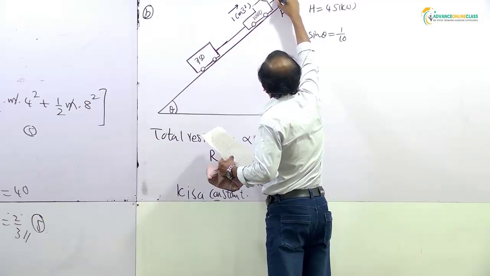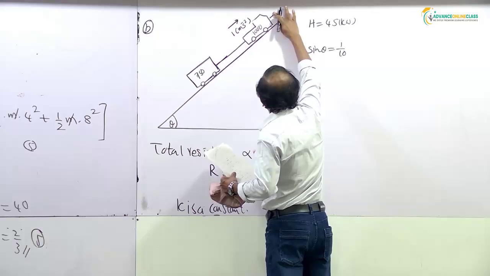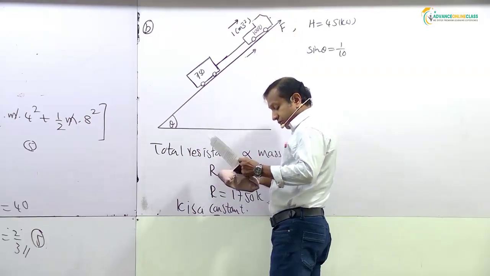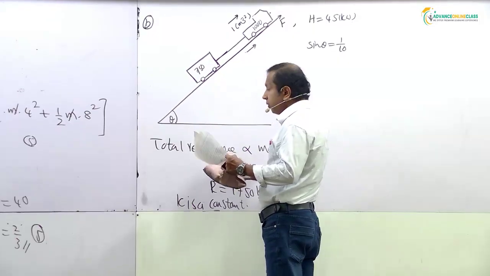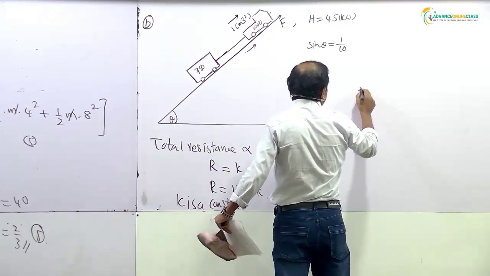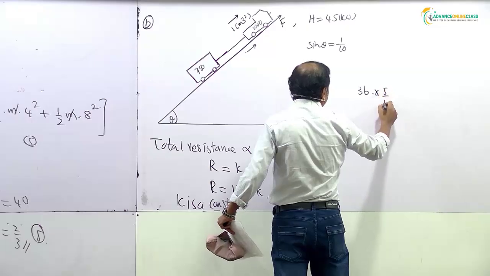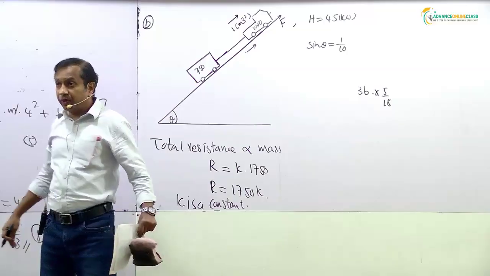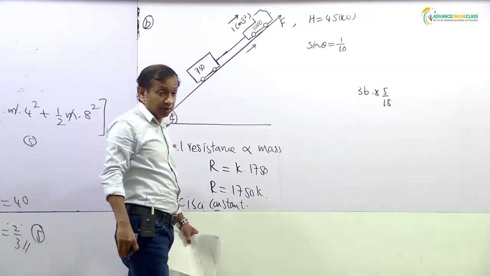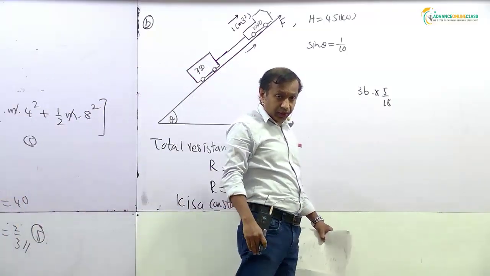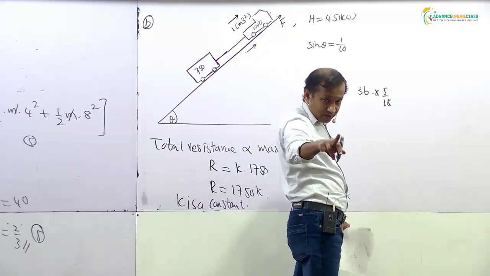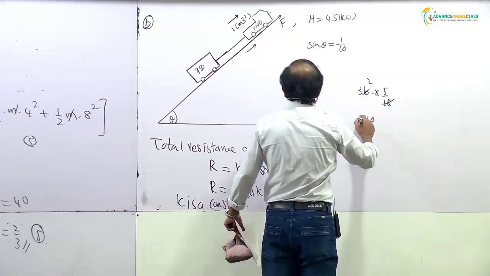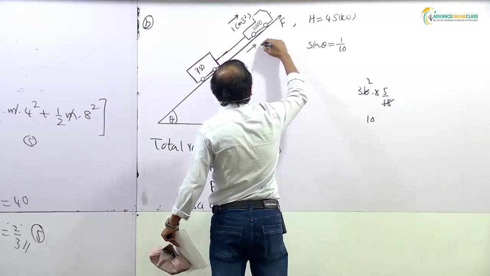Velocity at this moment is 36 km per hour. How to convert kilometers per hour to meters per second? Multiply by 5/18. This is 10. Then it moves with 10 meters per second.